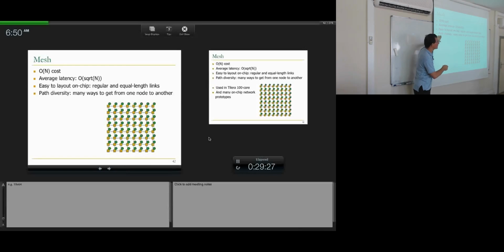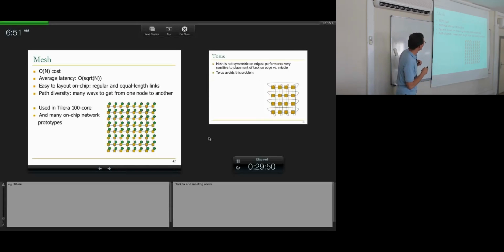There are many ways to get from one node to another. So if one node breaks down, or if one router breaks down, if one link breaks down, you can use another path. This also helps contention, of course, because you can communicate between many different nodes without utilizing the same links. There aren't many common links, basically. Or there are many uncommon links between 2 different source-destination pairs.